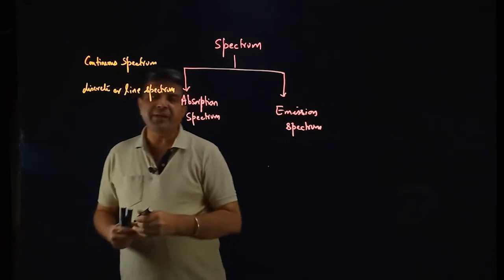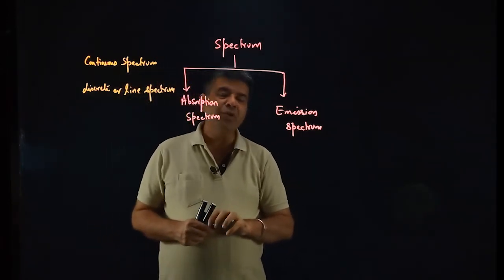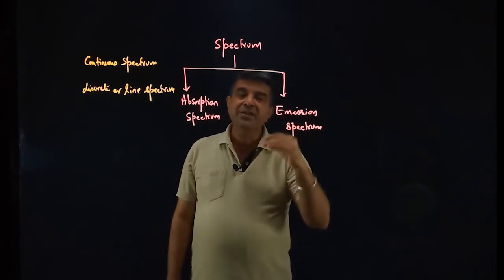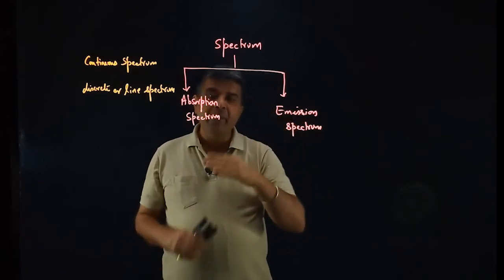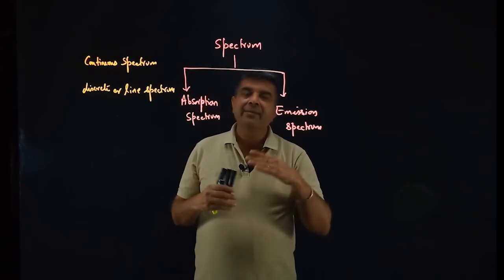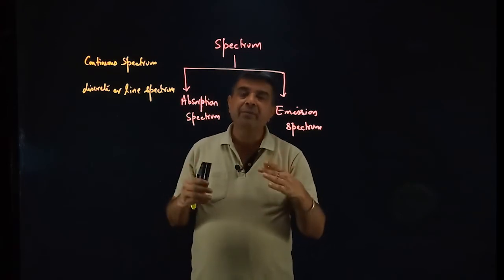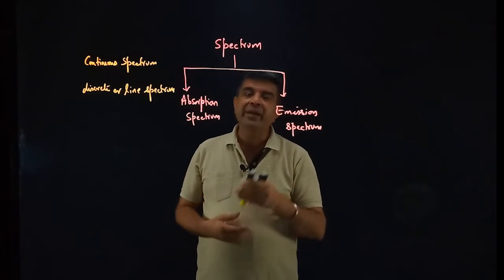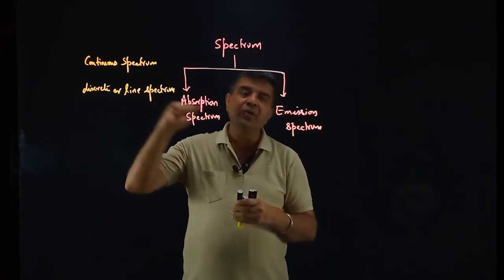So let's try to understand what a continuous spectrum is. A continuous spectrum is when there is no boundary between the colors, and the colors or the spectrum superimpose at the boundaries, then it would be termed as a continuous spectrum.